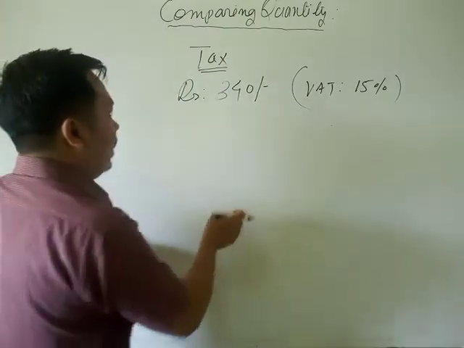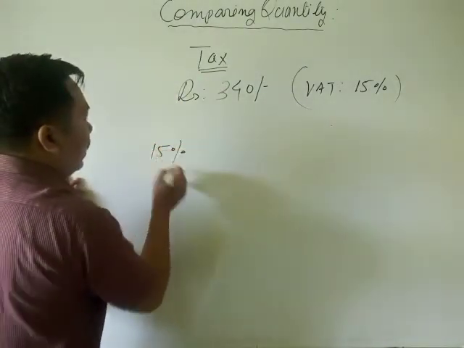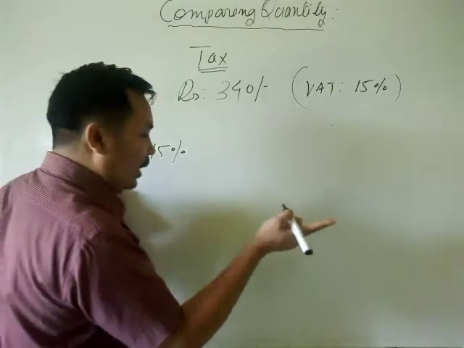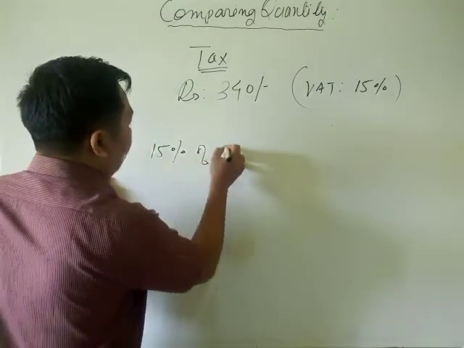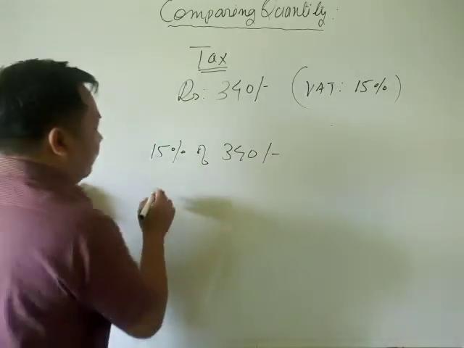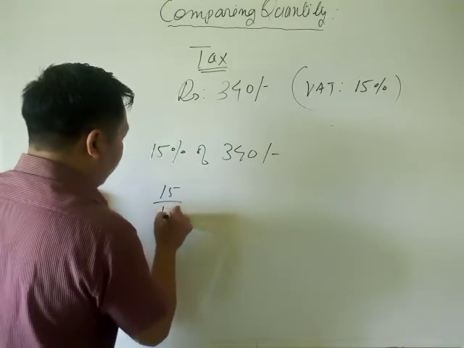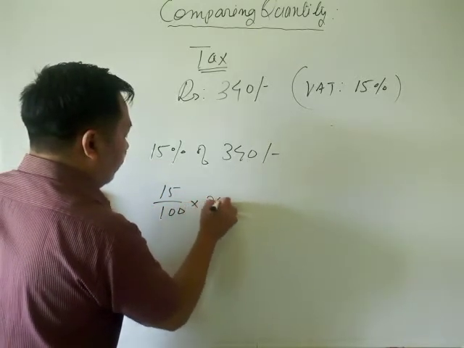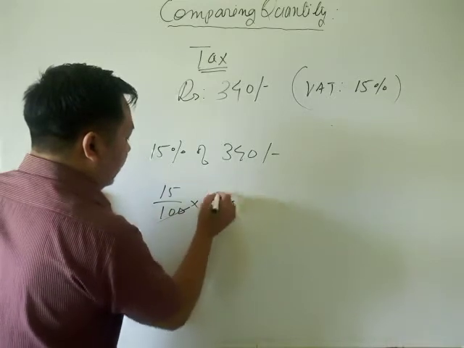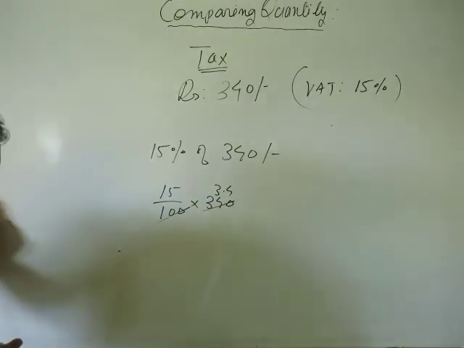So 15% of it. If it is already added, then we have to subtract it. 15% of 340: 15 by 100 into 340. How much will that be? 3.4.